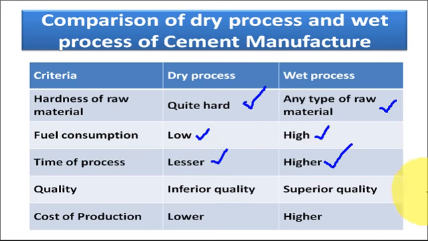But in case of wet mixing, since mixing of all the raw materials is done very properly and homogeneous mixing is completed in all aspects, therefore the quality of the cement will be higher in case of wet mixing, but the cost of production is also higher because of the higher fuel consumption in the wet process. So these are the main differences of the dry mixing and the wet mixing.